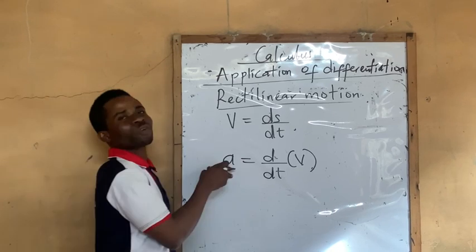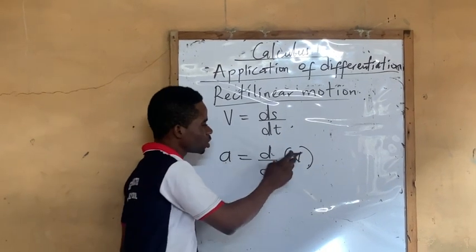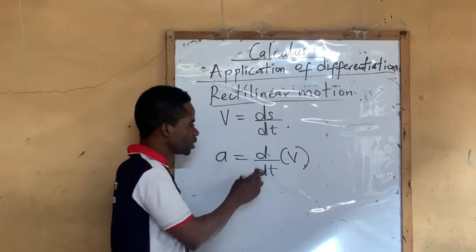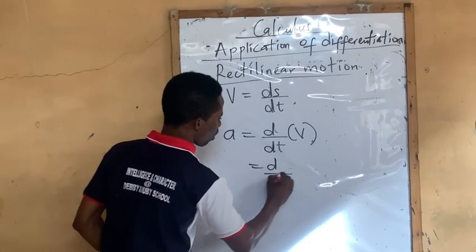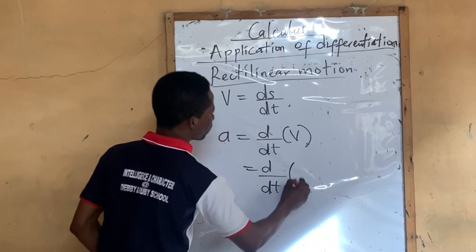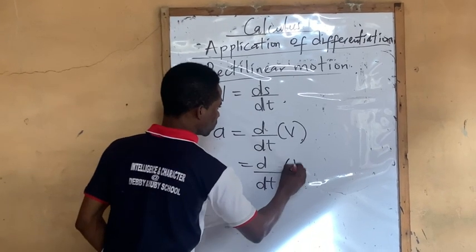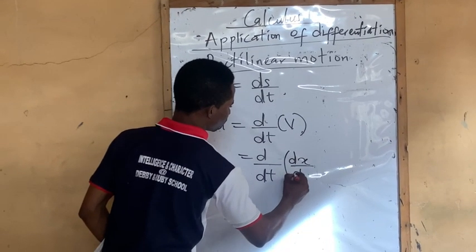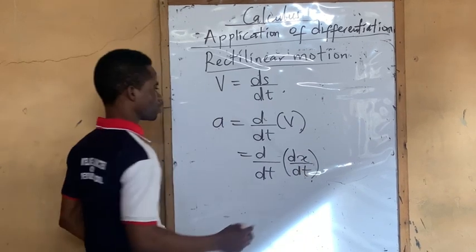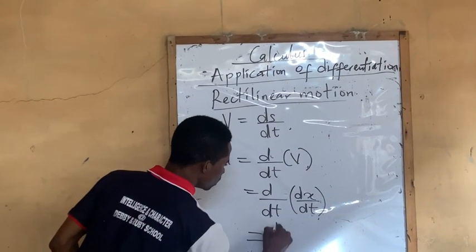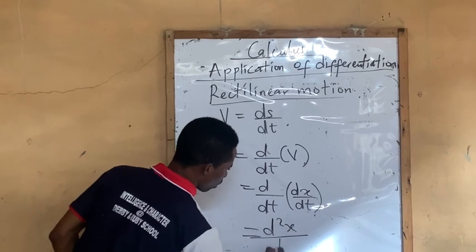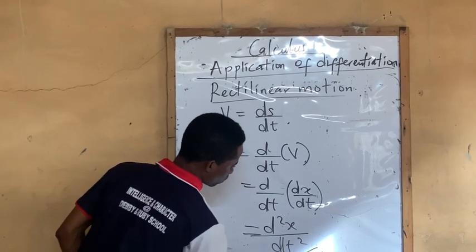That means if they ask for acceleration, I will differentiate velocity, that is d/dt of velocity, which equals d over dt of dx/dt, since velocity is dx/dt. Can I say d squared x all over dt squared?